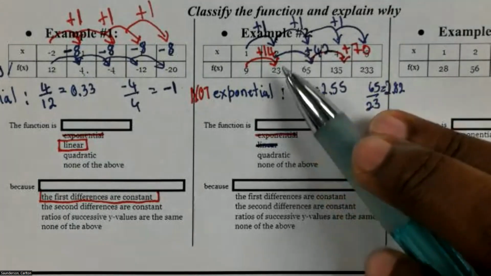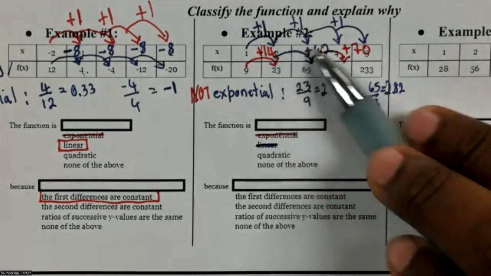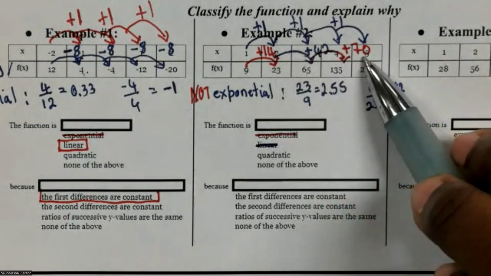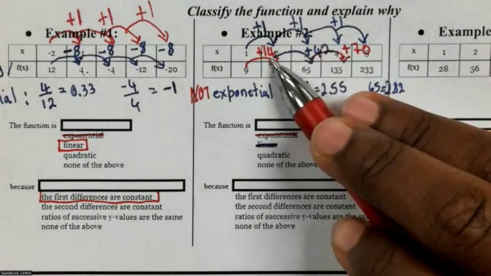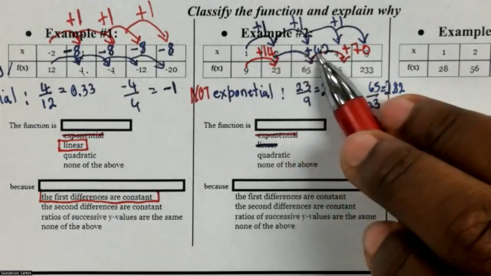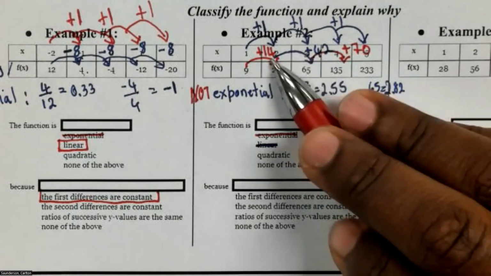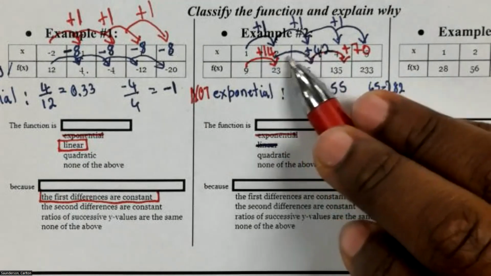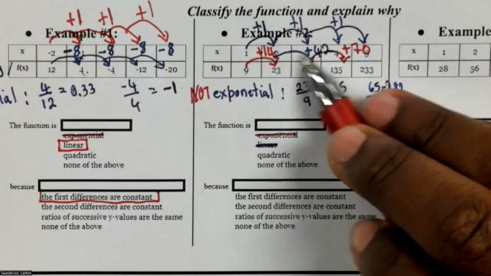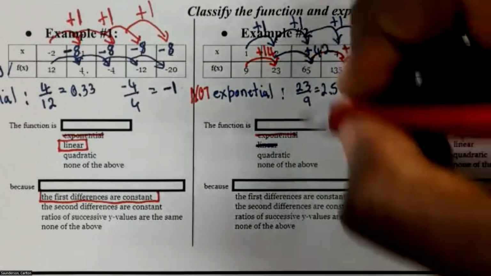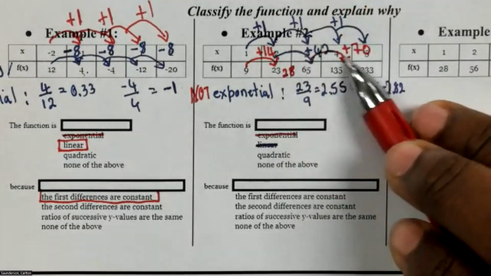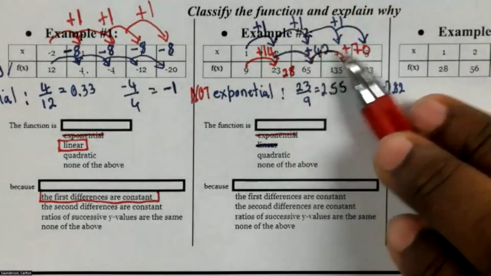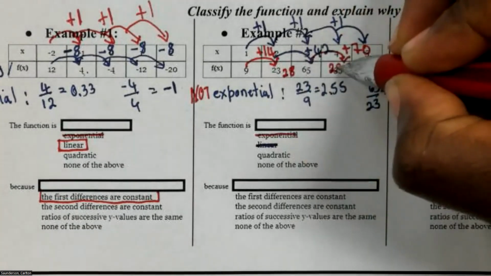To test if it's quadratic, I need to look at the difference between these numbers right here. The difference between 14 and 42 is 28. The difference between these numbers was also 28.